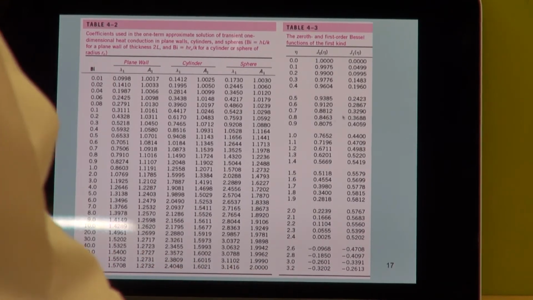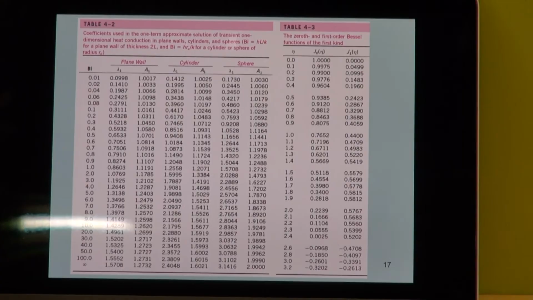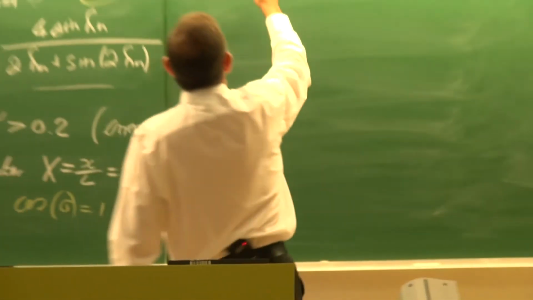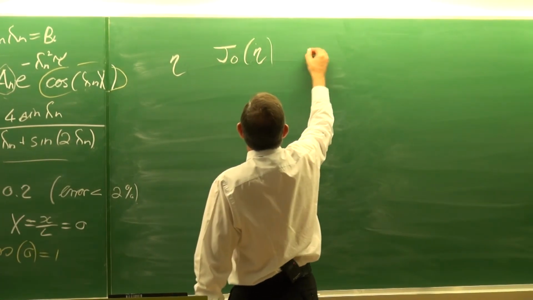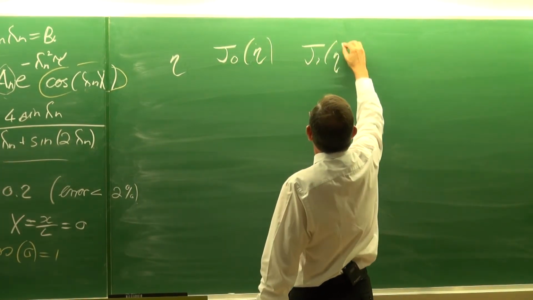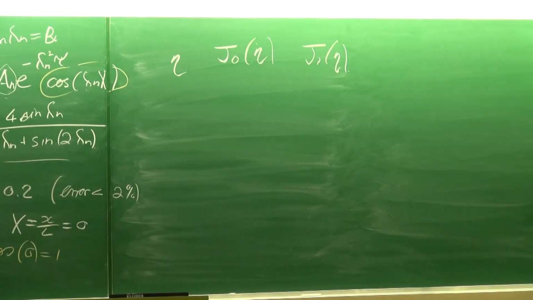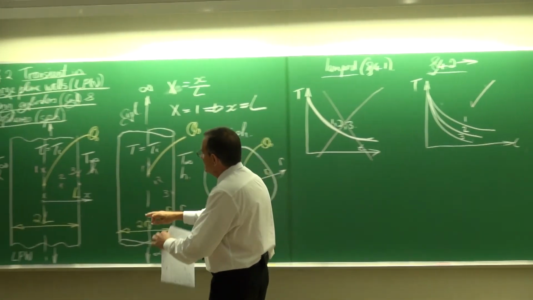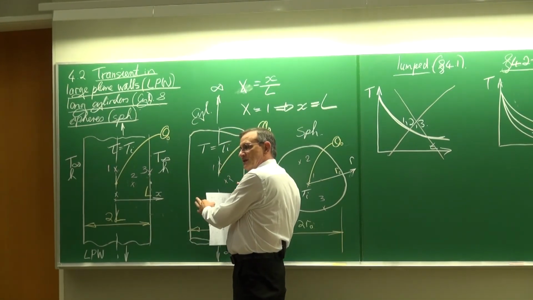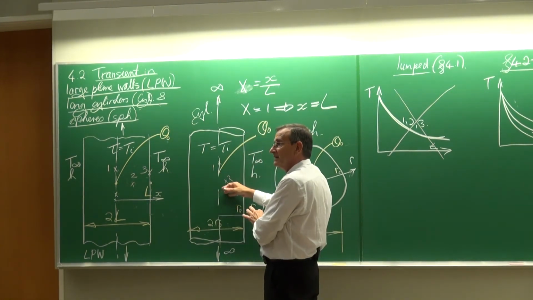Then there's table 4.3. And table 4.3 shows eta, and then it shows J0 of eta and J1 of eta. Now, students who didn't work through these problems would think that it's very easy to jump from there to there, and in principle it is, but the calculations are more complicated.